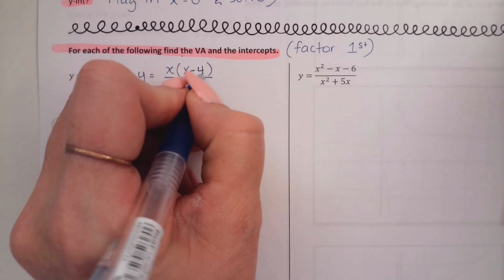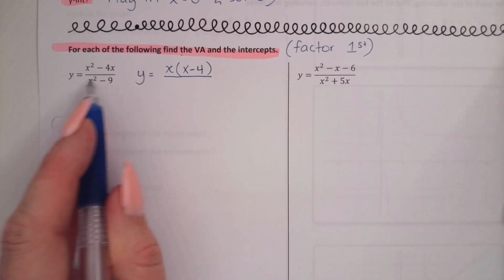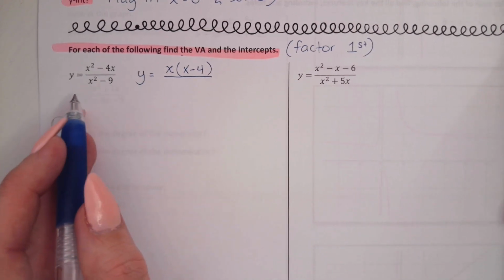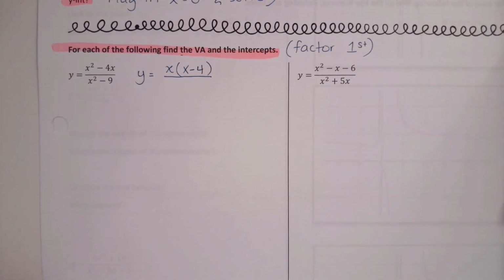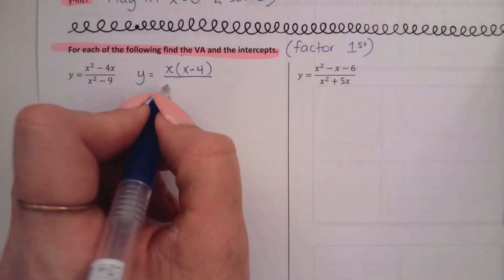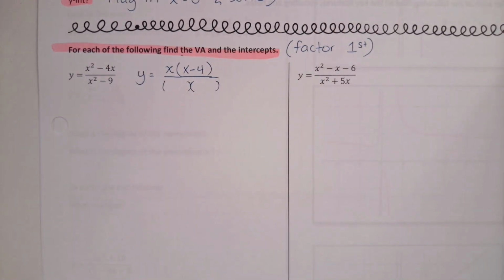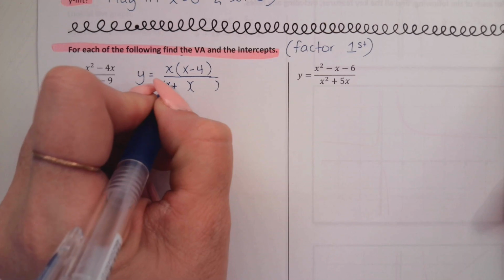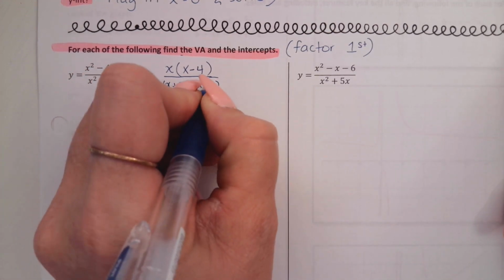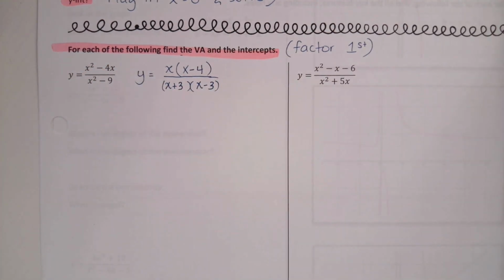X minus 4. Good. The bottom is a special type of quadratic. Anyone remember its name? Emma? Difference of squares, yes. So the bottom's difference of squares would factor into x plus 3, x minus 3. Very good. Alright, there we go. We've got it factored.